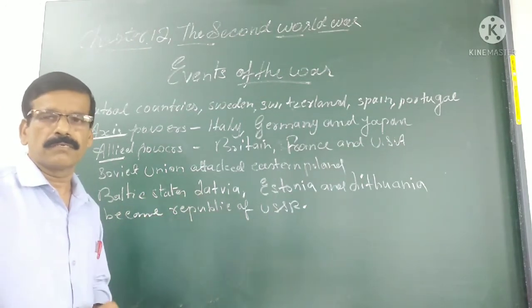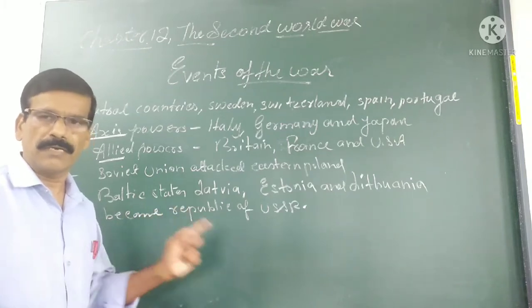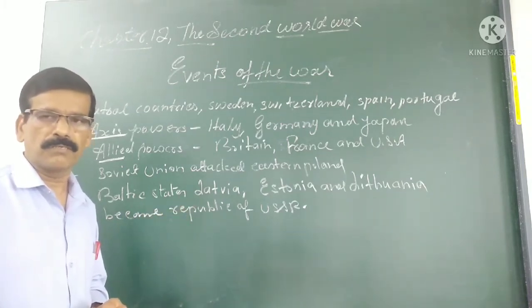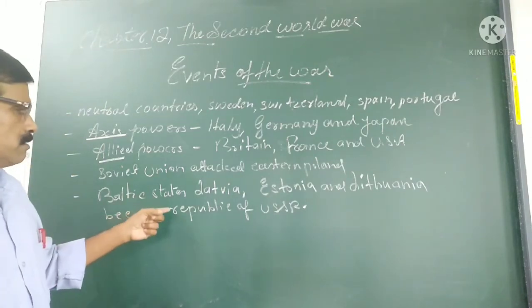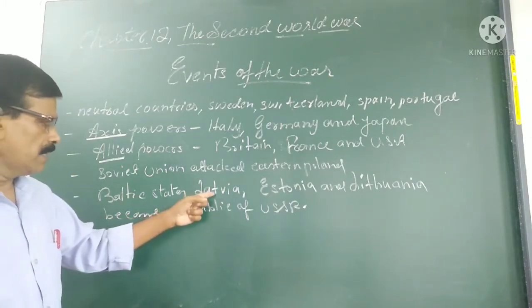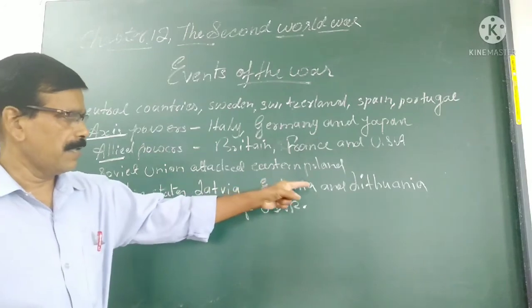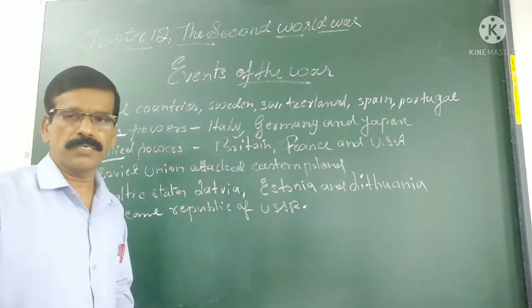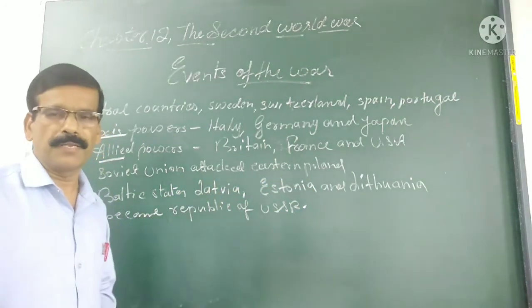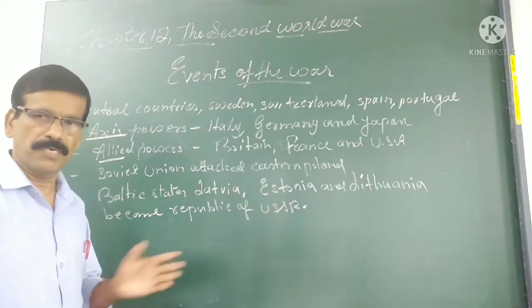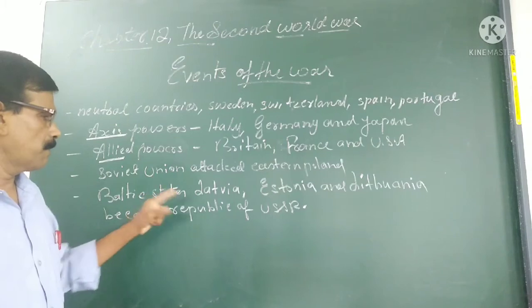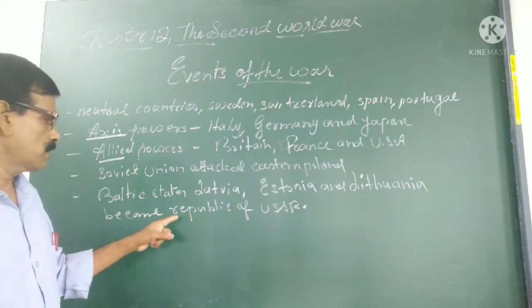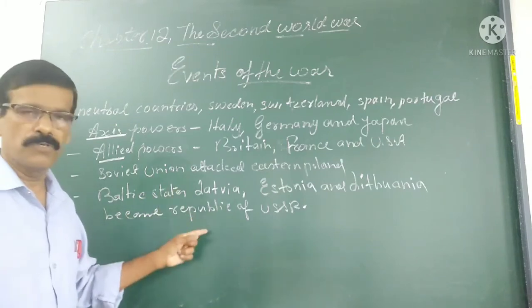Russia explained that earlier these territories belonged to Russia, and also the Baltic states such as Latvia, Estonia and Lithuania. These countries became independent after the First World War, but Russia adopted these countries as part of the USSR and made them republics of the USSR.